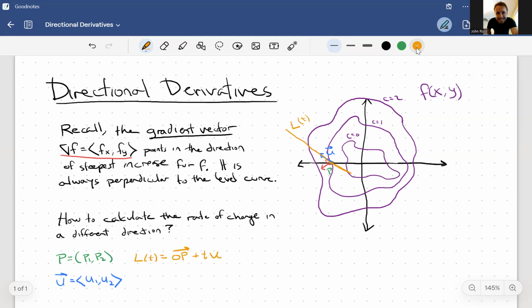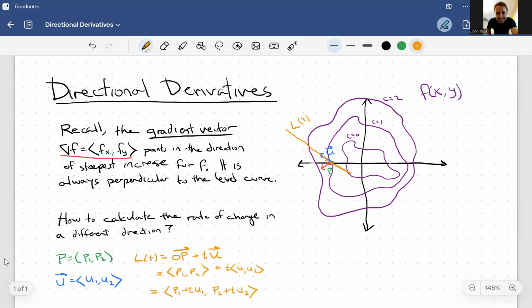So this is vector P plus T U. And we can simplify this. This is P1, P2 plus T U1, U2. And so that's nothing more than the vector valued expression P1 plus T U1, comma, P2 plus T U2.